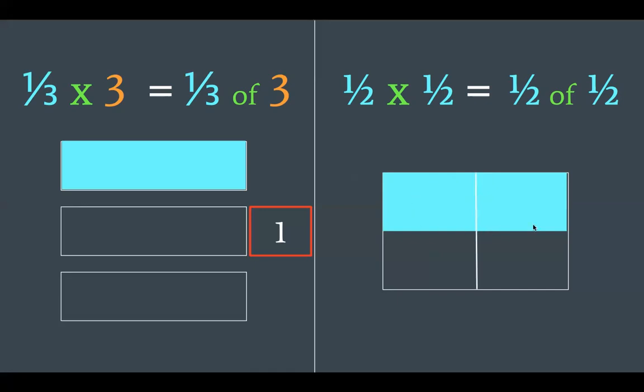So I broke that blue part into 2. But do you realize I didn't just break that blue part into 2, I also broke this other half of the whole into 2 because we need to always make sure that we have equal parts of the whole. So we want 1/2 of 1/2. We already broke it into 2 pieces. How many of those pieces though do we want?